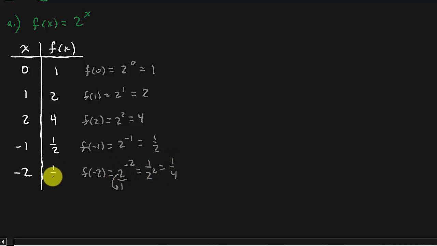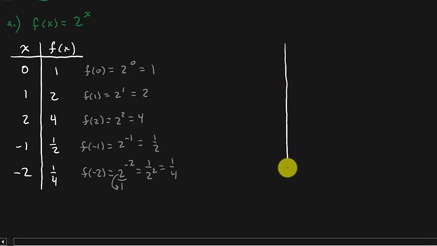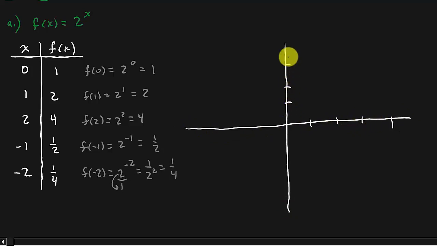All right, so now we have our points to plot. Let's plot our points, and then we can draw our graph. All right, so I've got 1, 2, 3, 4. 1, 2, 3, 4.